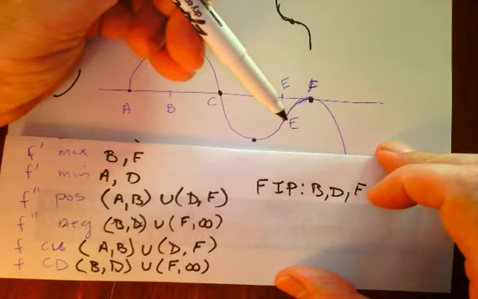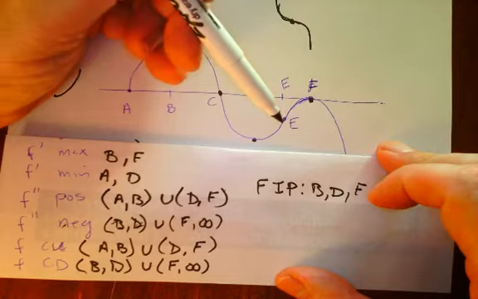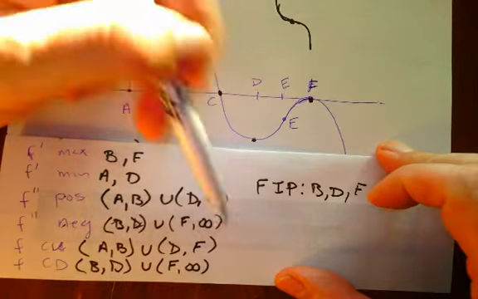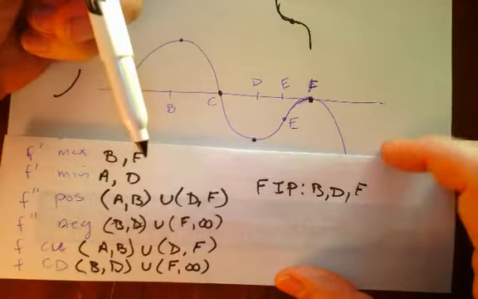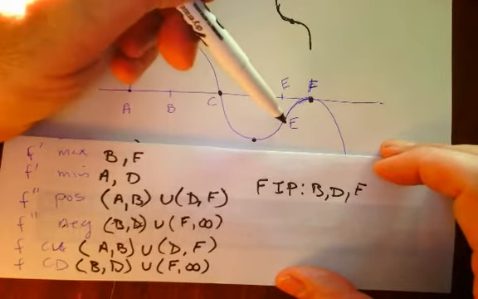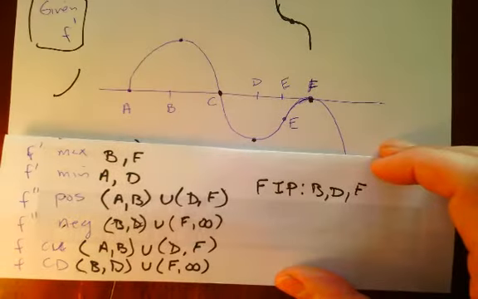Many people want to say something about this point. This point is an inflection point on f prime, but that would only be a zero on f triple prime. It might be a max on f double prime, but no one's asking me about maxes and mins on f double prime.